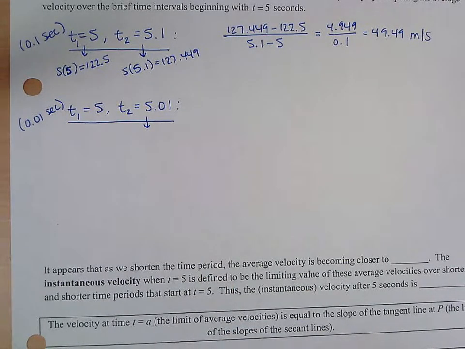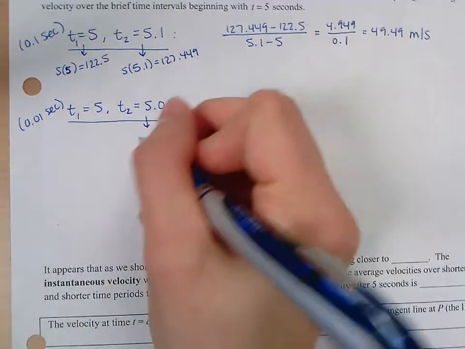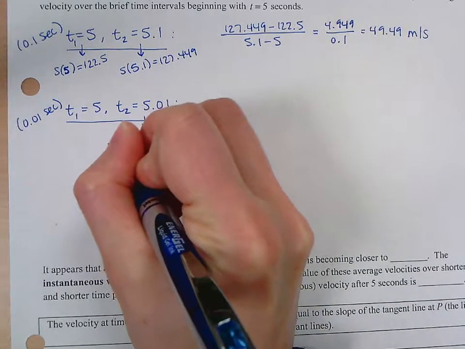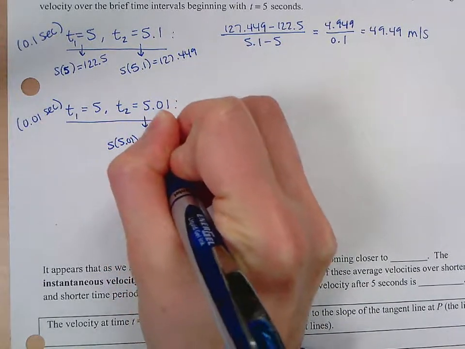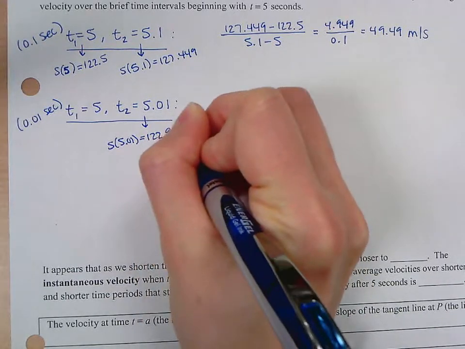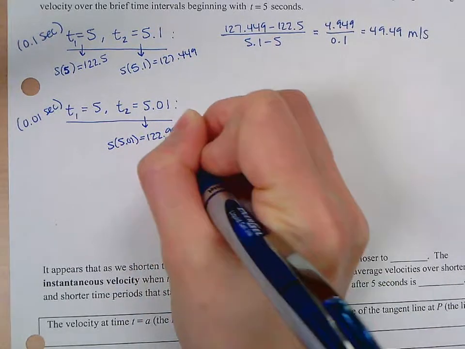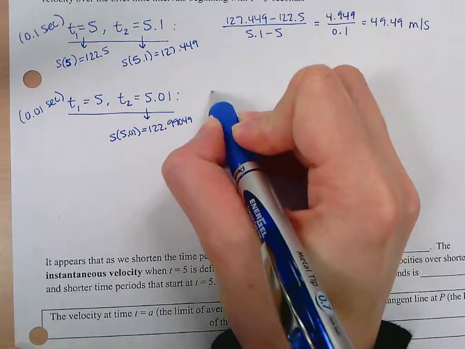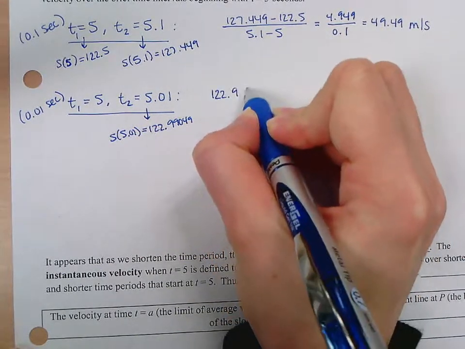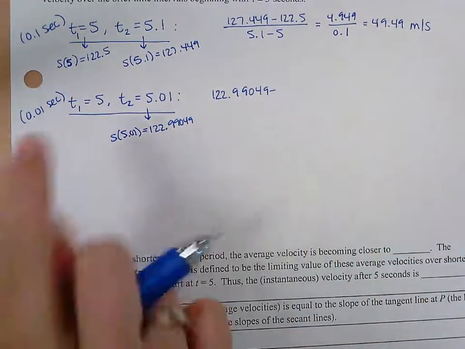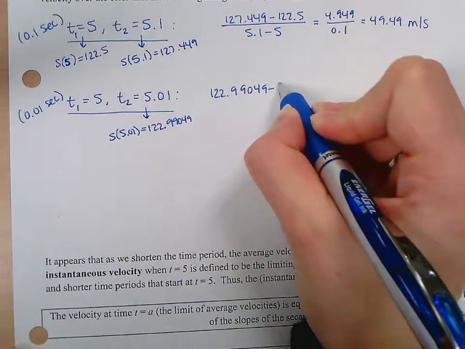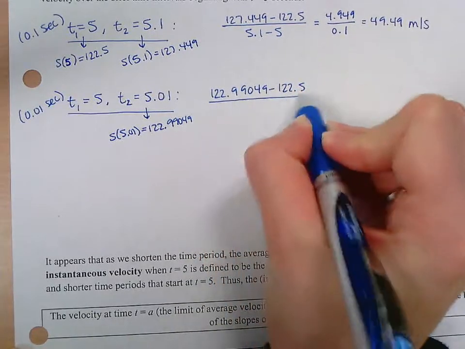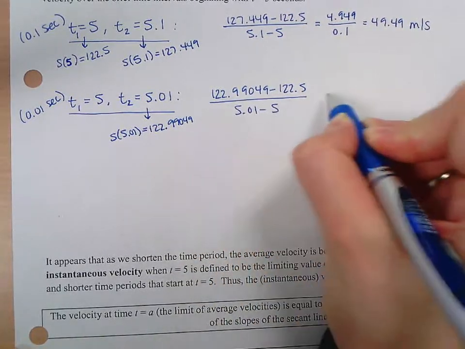So I have 4.9 times 5.01 squared. And again, I'm going to keep all the decimal places. So s of 5.01 is 122.99049. My change in position is 122.99049 minus my position at 5, which was 122.5, over 5.01 minus 5.